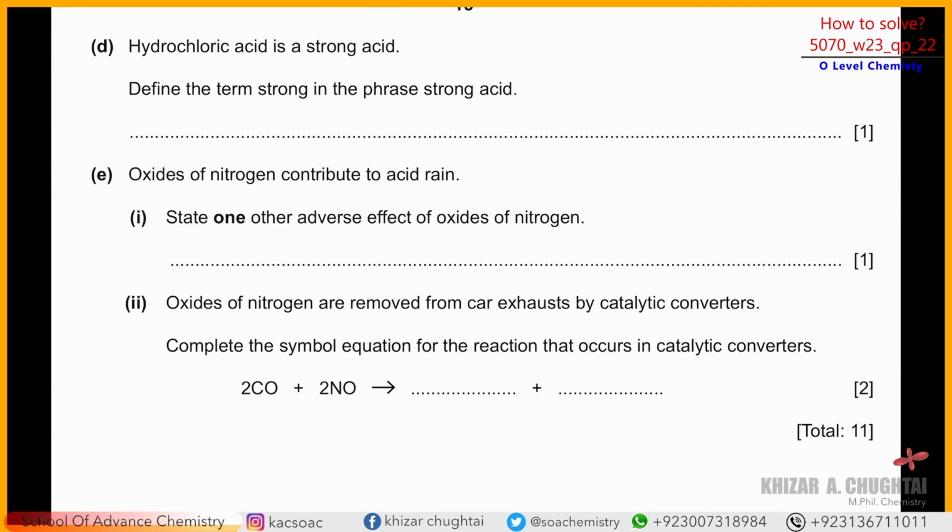Part D, define the term strong acid in the phrase strong acid. Term strong. What do you mean by the strong?